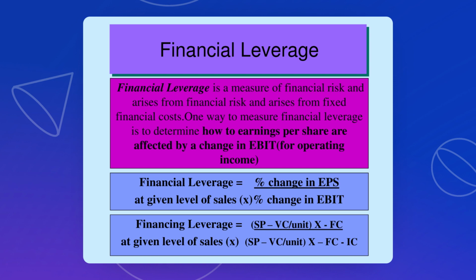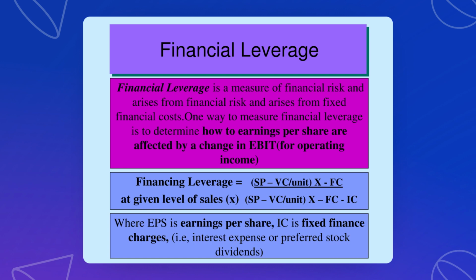Very good, class. That would be your net income minus your interest charge. The IC here is what you call interest charge. We'll discuss later what interest charge means. Next, financial leverage is the percentage change in EPS, earnings per share, divided by the percentage change in EBIT. That's the formula of your financial leverage.